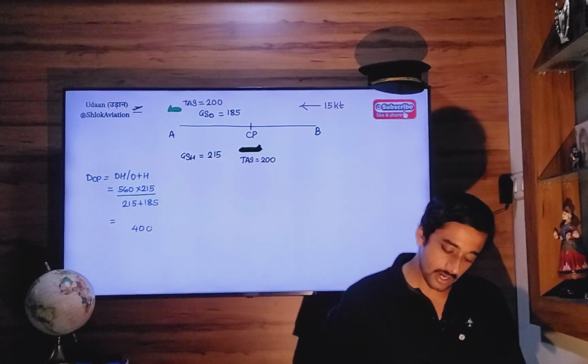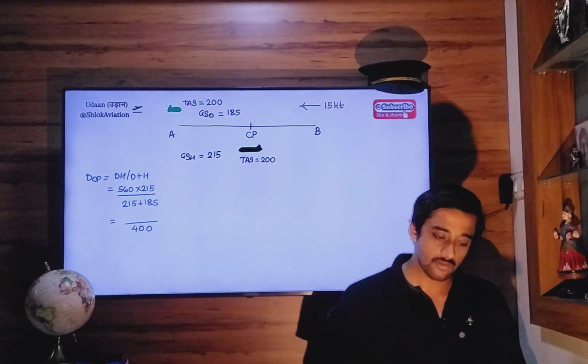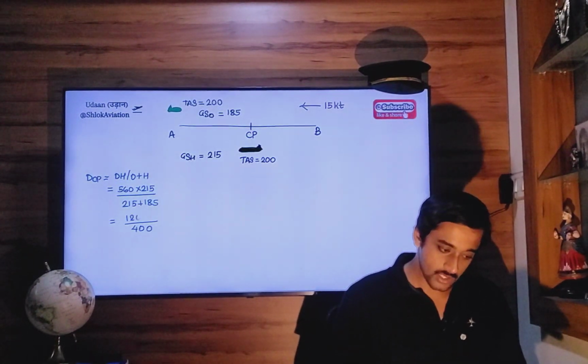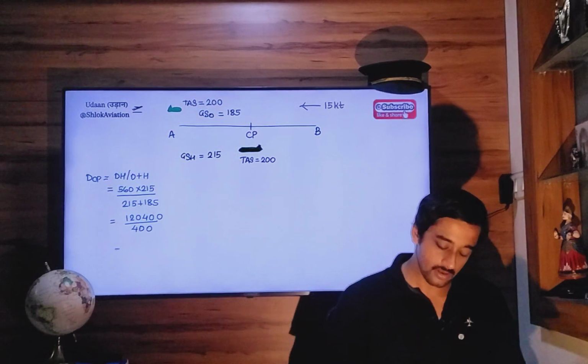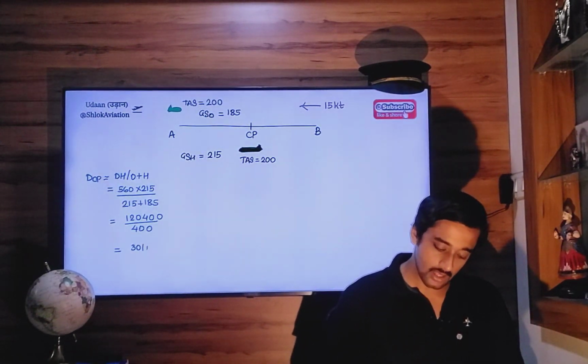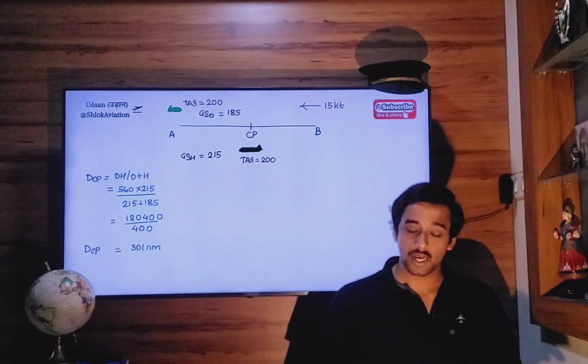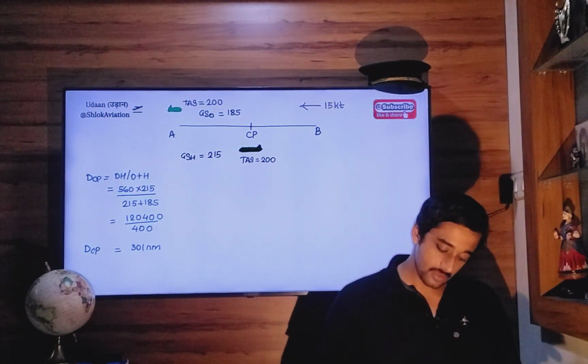That is 400. In the numerator we have 560 into 215, 120,400. So that is equal to 301 nautical miles. So distance to critical point is 301 nautical miles.